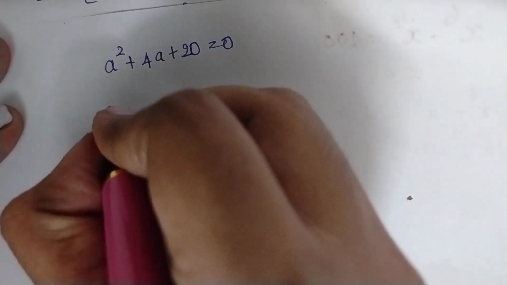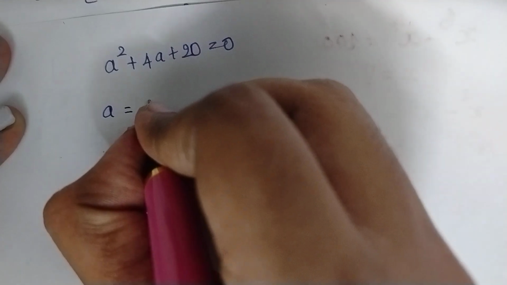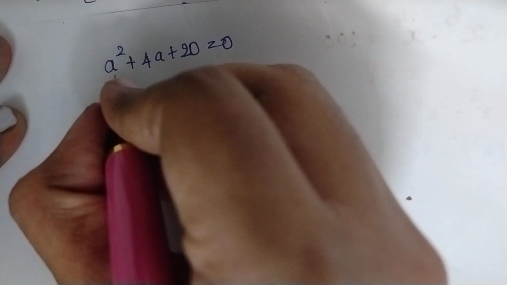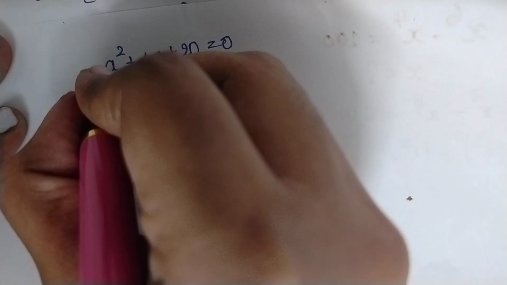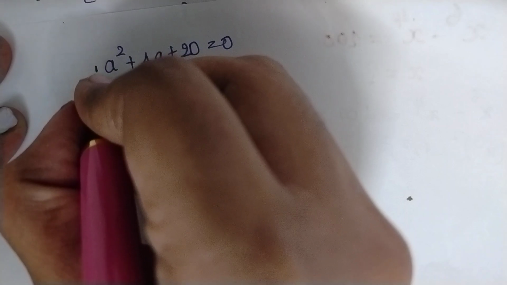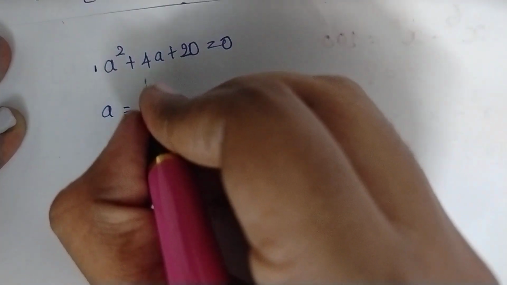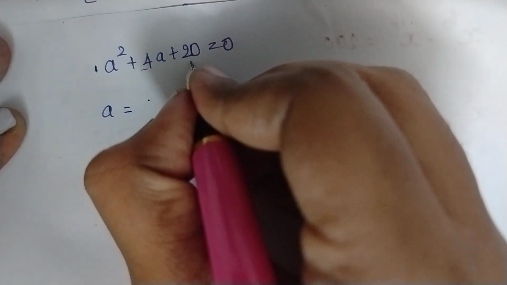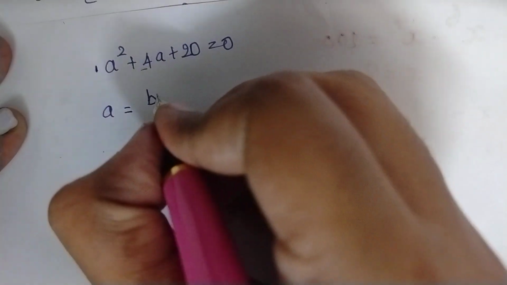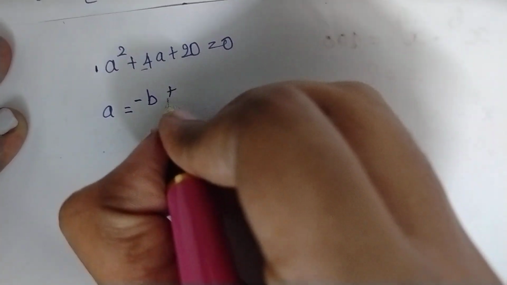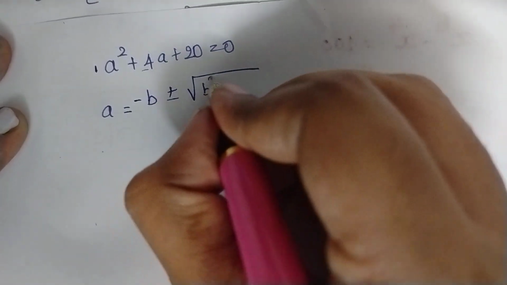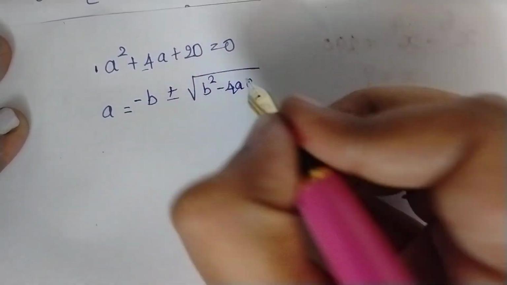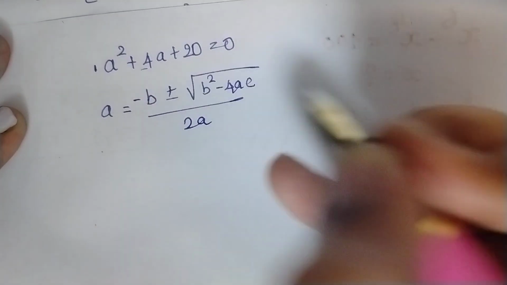The formula: a is equal to, here I am going to assume this coefficient as a, this coefficient as b, this coefficient as c. Therefore, minus b plus or minus the root of b square minus 4ac divided by 2a.